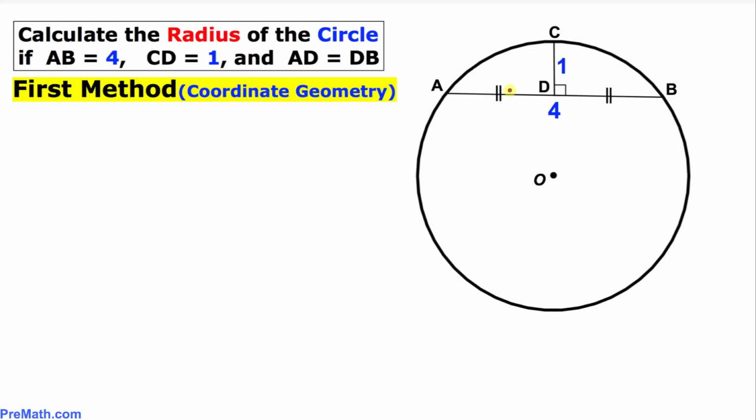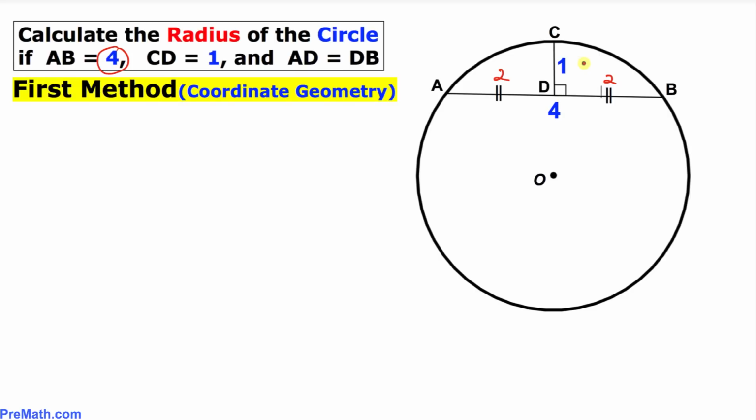Before we start, we know that this line segment AB is 4 and these two, AD and DB, are the same. So that means this AD segment is going to be 2 units and the segment DB is going to be 2 units as well.